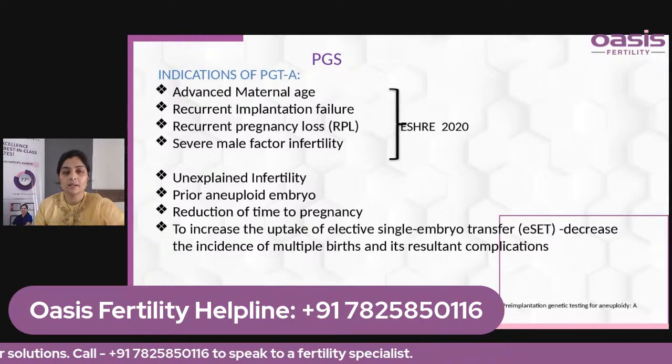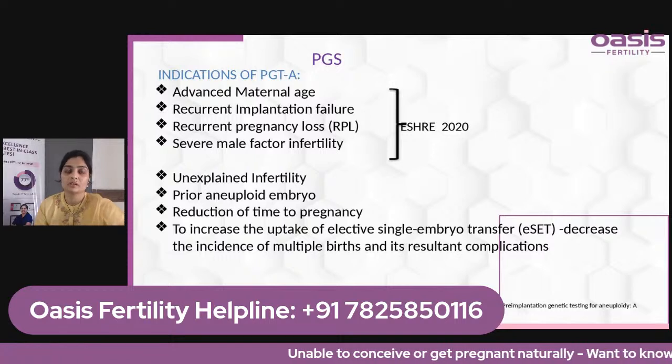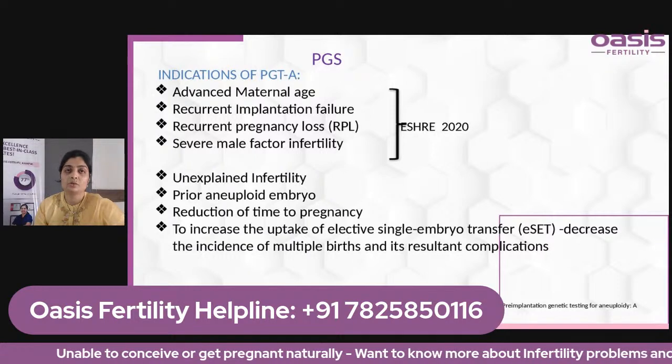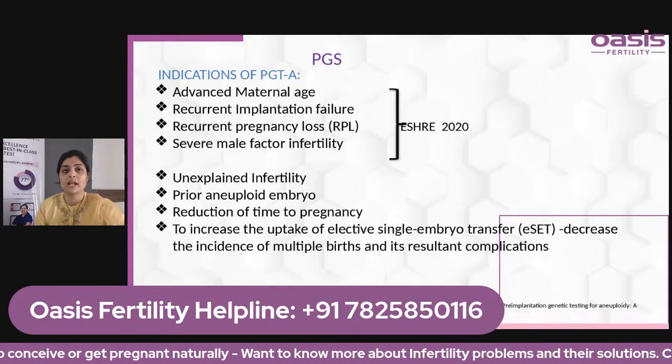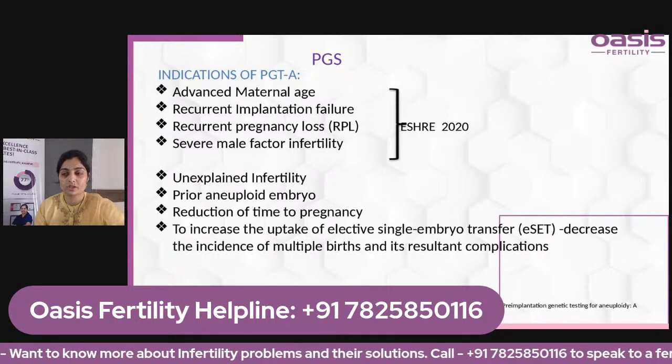From the time we are in our mother's womb, the oocytes are with us in females. So as we age, oocytes also age. So increase in maternal age leads to aneuploidy, and so it is to be tested. And such couples are to be offered PGTA.